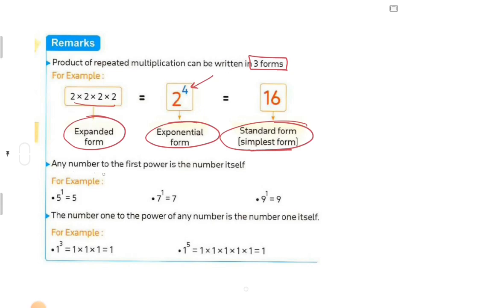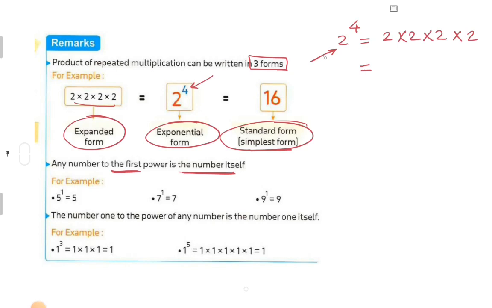Now, any number to the first power is itself. What does that mean? We know that here we have 2 power 4. This is the exponential form. I can convert it to expanded form, 2 by 2 by 2 by 2.